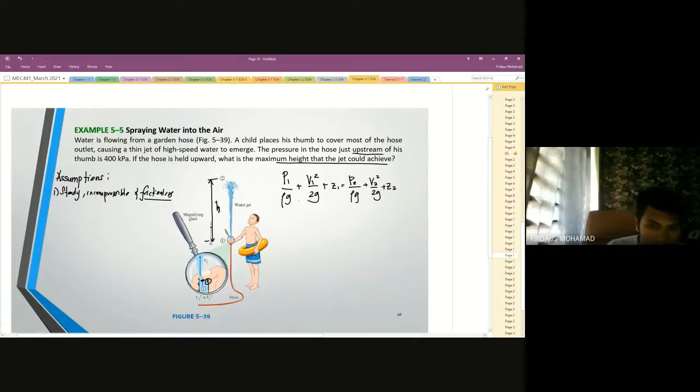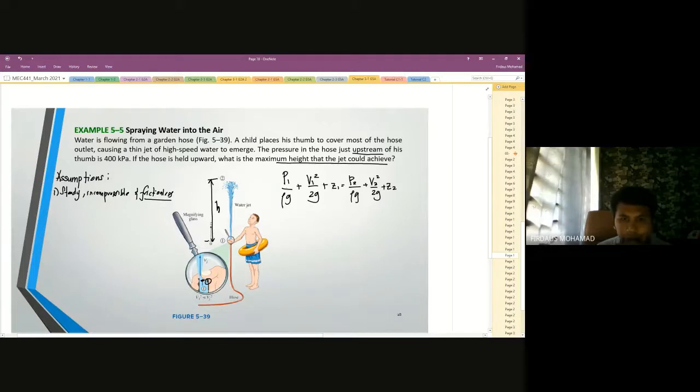Okay, so sekarang ni kita kena simplify equation. Okay, sebab daripada free body diagram ni, daripada diagram ni kita boleh simplify. Okay, so first one, P1, pressure 1 ada tak? Ada.